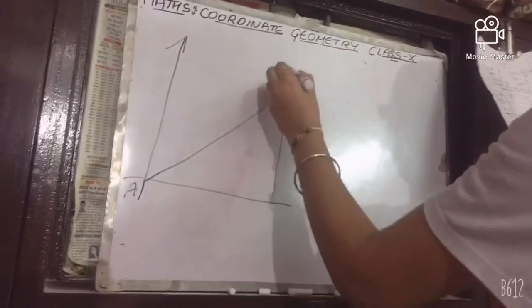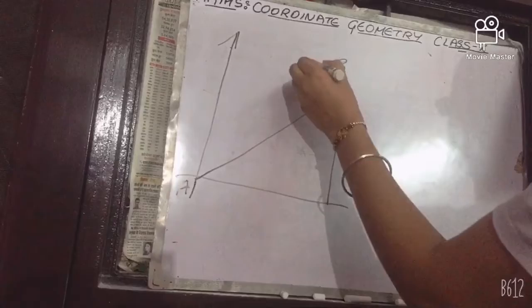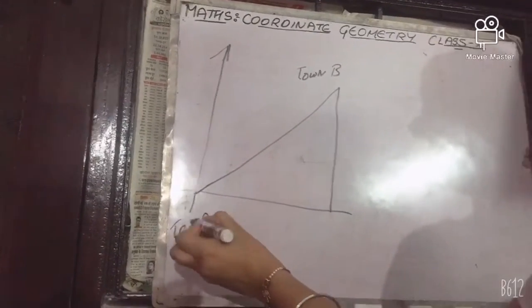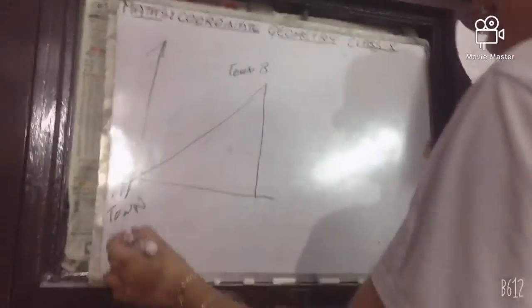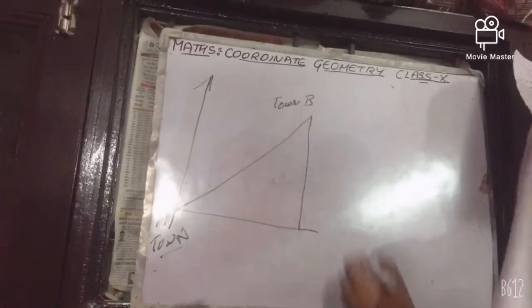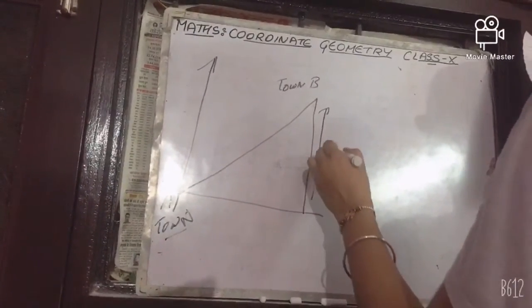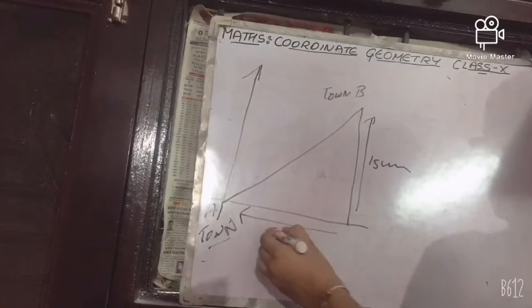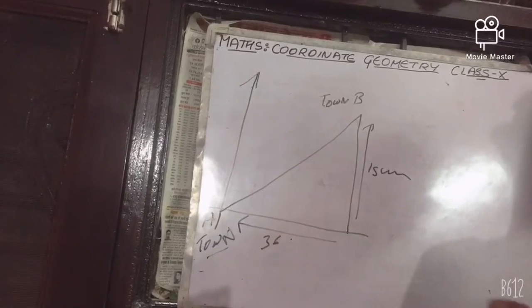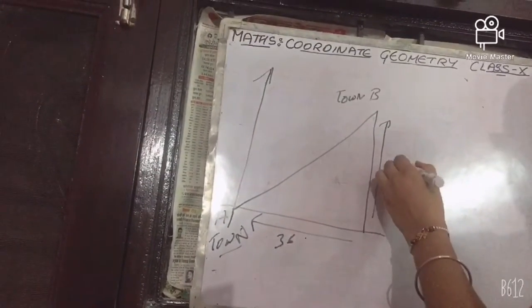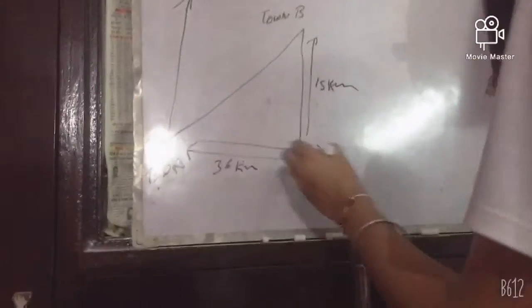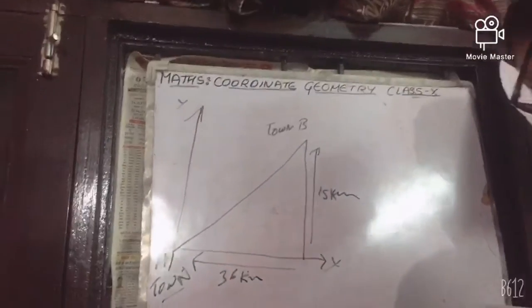So this is town A and this is town B. Okay, so this is 15 and this is 36. Okay, you have to name it.